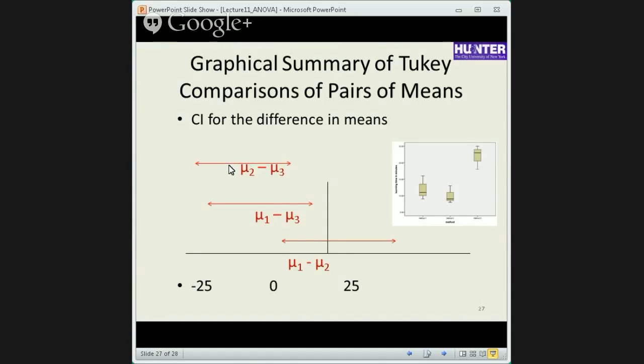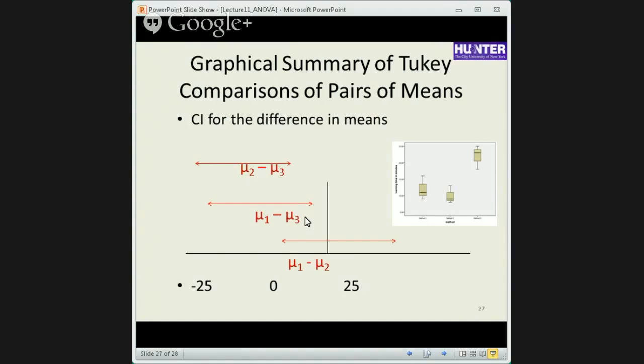And just to plot those in another way, I can't actually figure out how to make a plot like this in SPSS. I know how to make it in R, where you plot all of the confidence intervals for the differences together. This is just a reminder back from the boxplot where we saw that number 3 had a higher mean than 1 and 2.